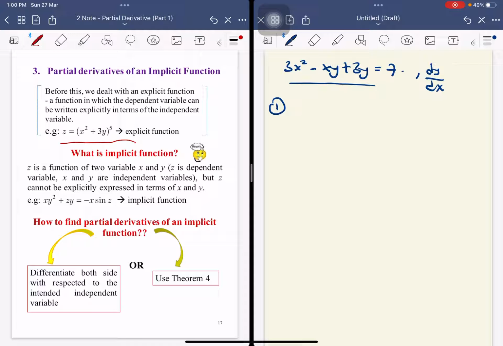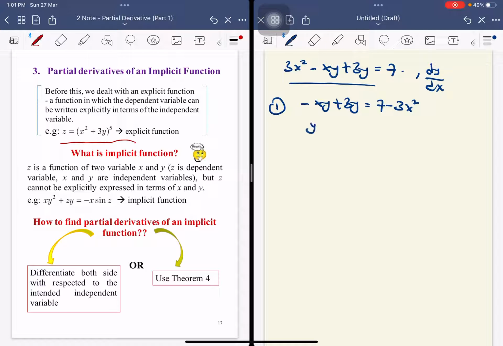First things first, let's take a look at this function. You'll be able to write it with y as the subject. If we make an arrangement, 3 minus x times y equals 7 minus 3x squared.